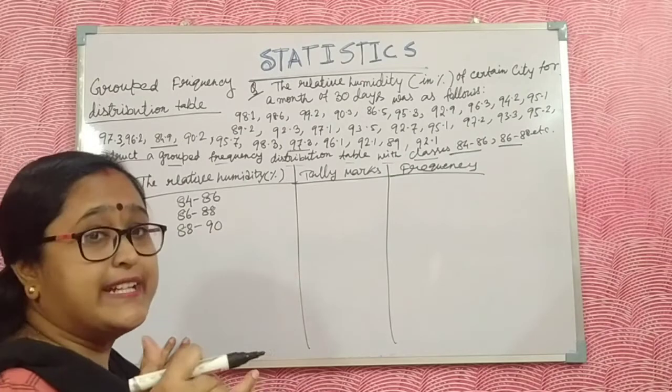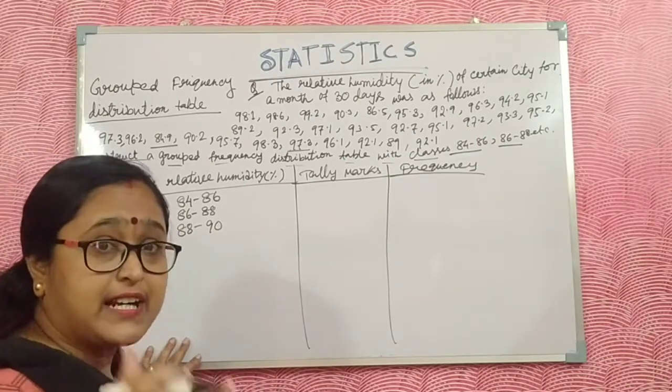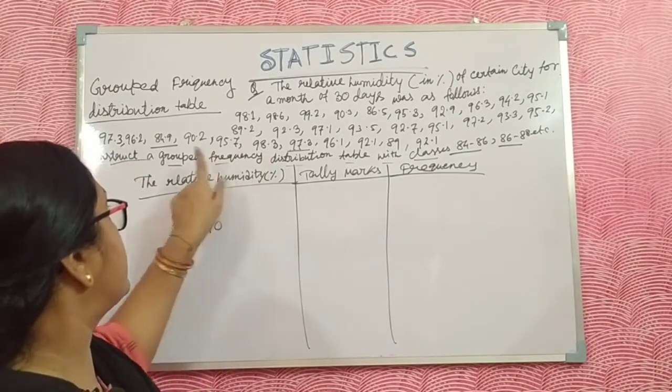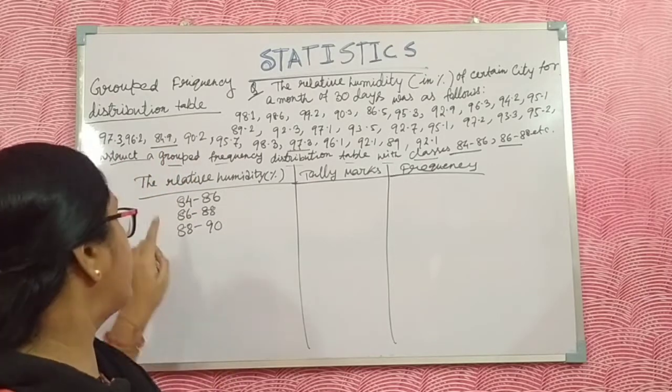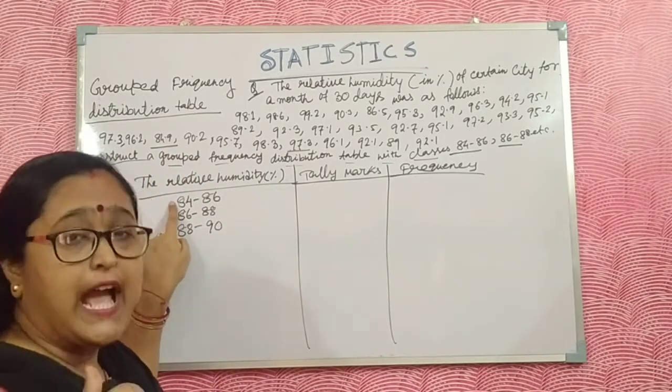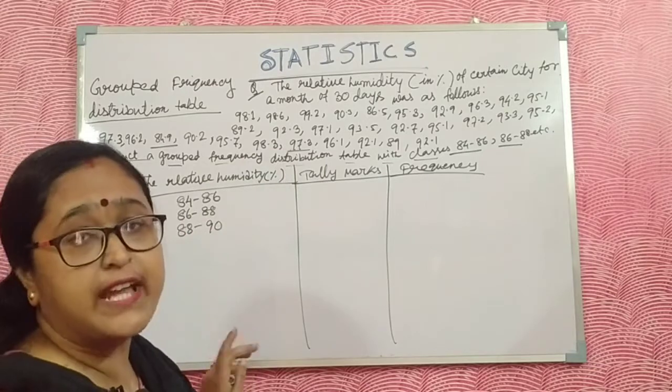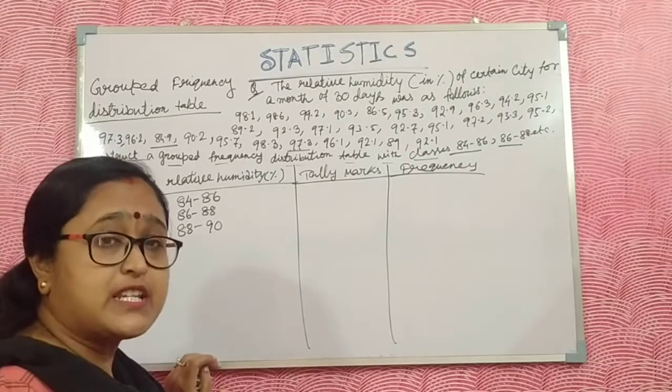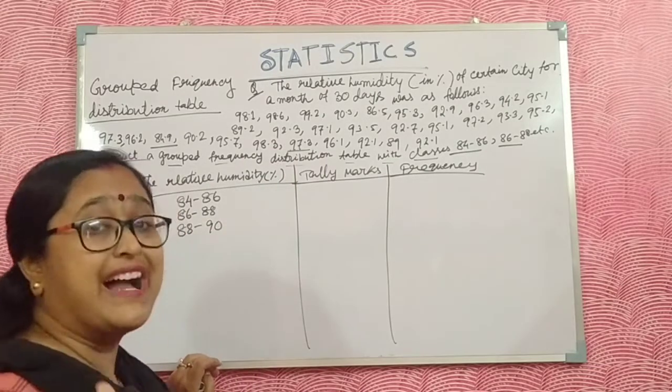That's why we take classes up to 100. We take from 84 since the minimum is 84.9, and take classes up to 100.